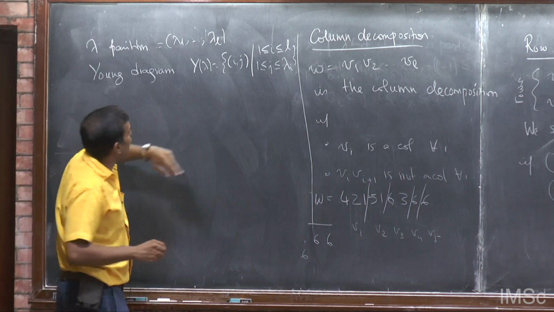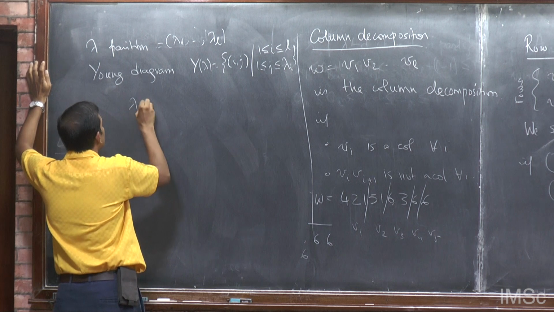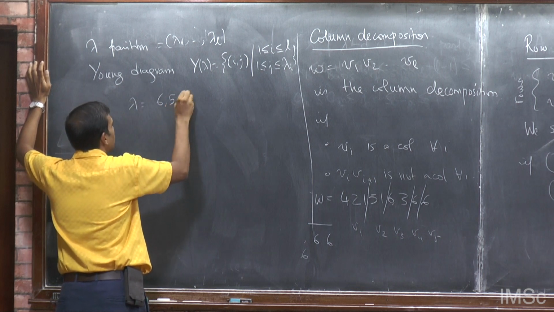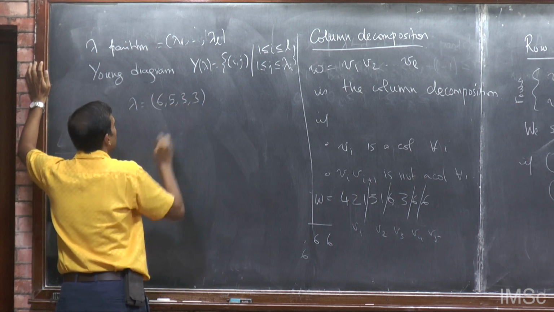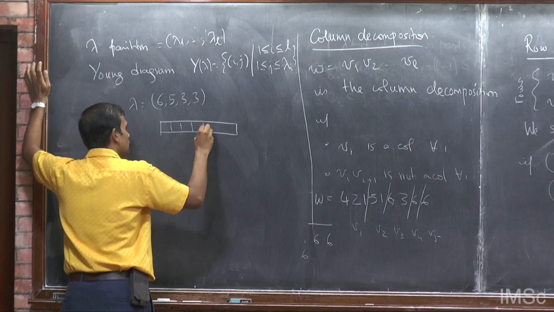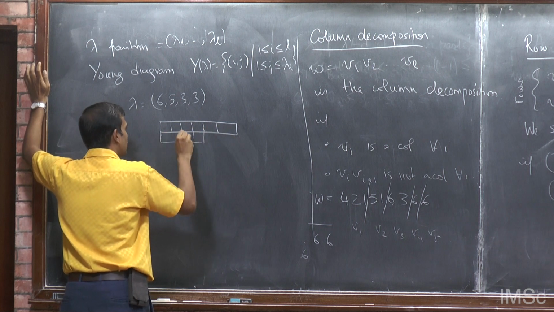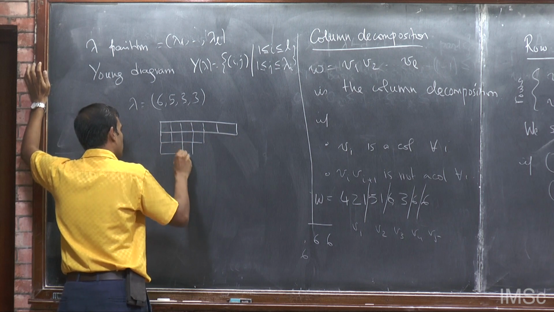So, if you draw a small box for each of the points, let's look at this partition lambda equals 6, 5, 3, 3. Then I'll be looking at 6 boxes in the first row, 5 boxes in the second row, 3 boxes.